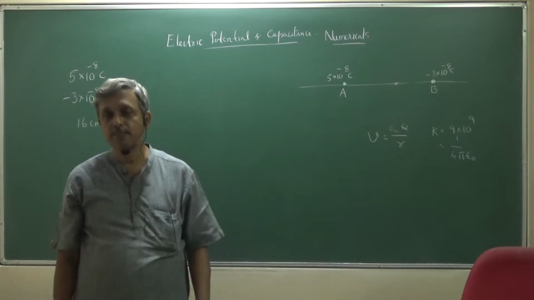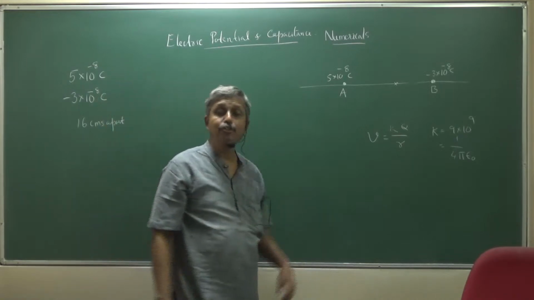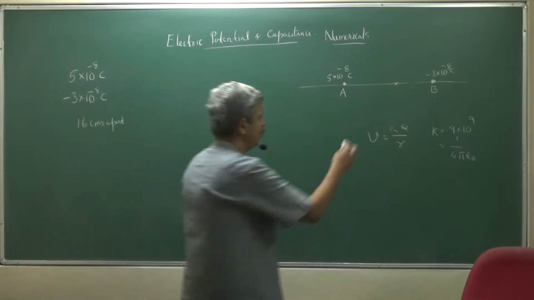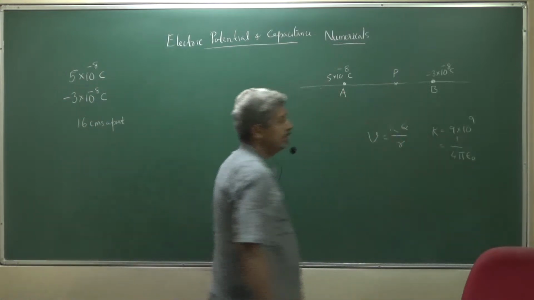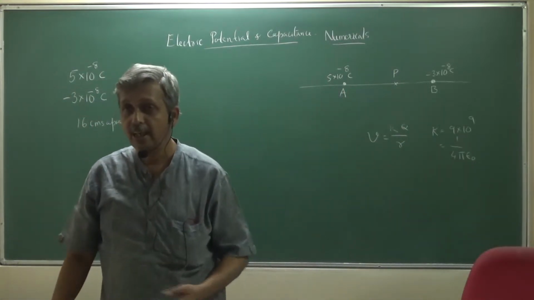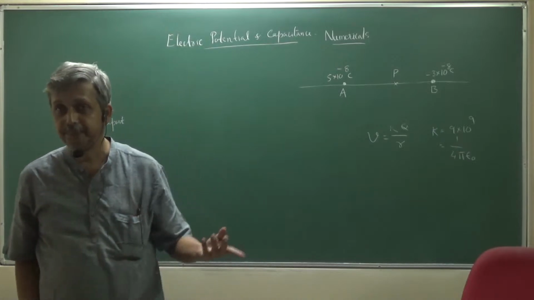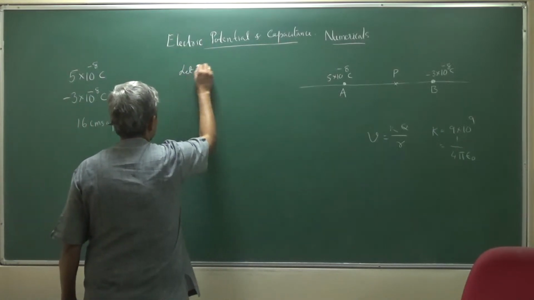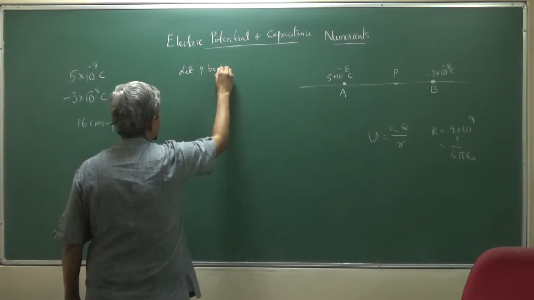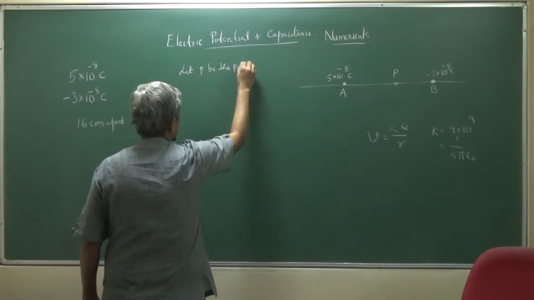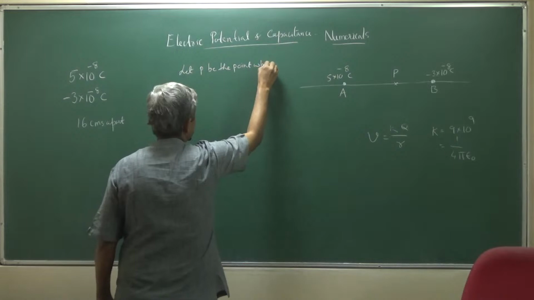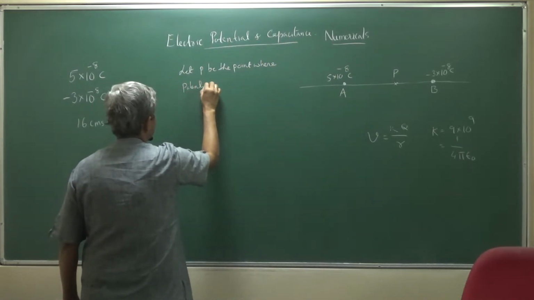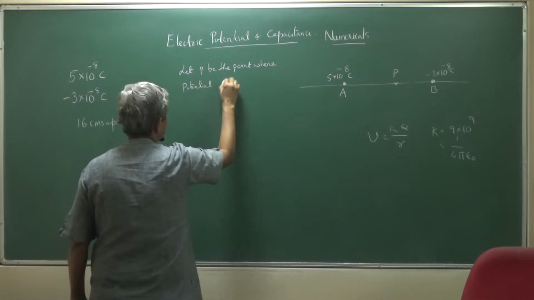So the question is, let's assume that there is a point somewhere here. I will call this point P. Let P be the point where potential is 0.